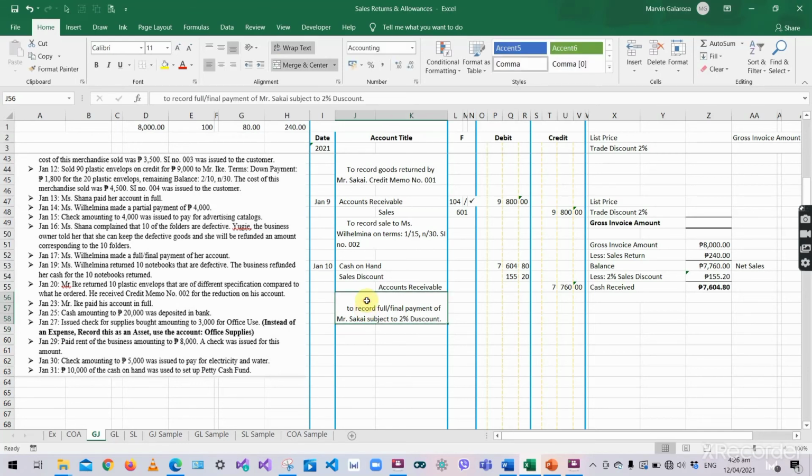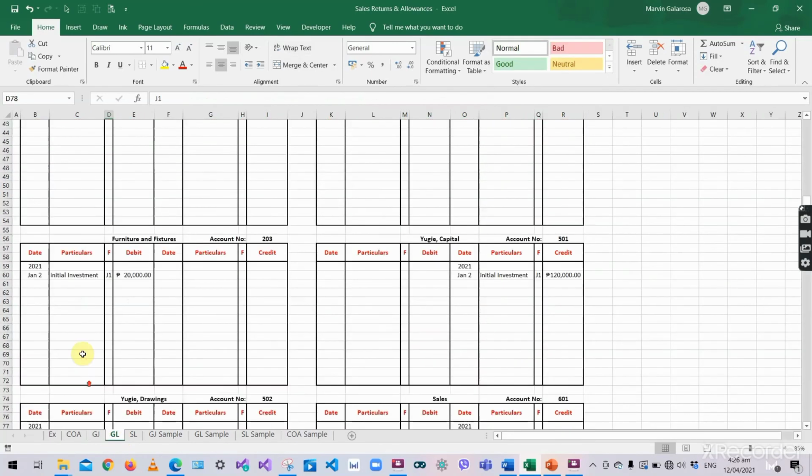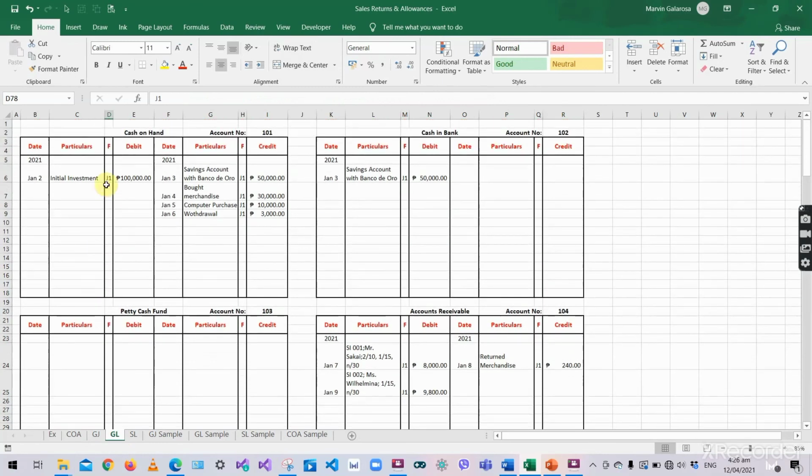So, when we're done with the journal entry, sunod naman, post natin sa General Ledger. Cash on hand, debit na, 7,604.80. Cash on hand. Sa debit side, January 10, full payment of Mr. Sakay.